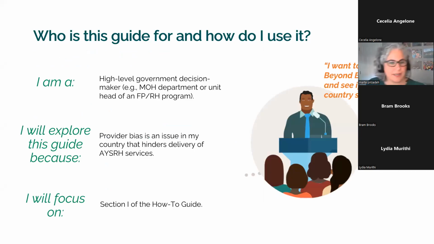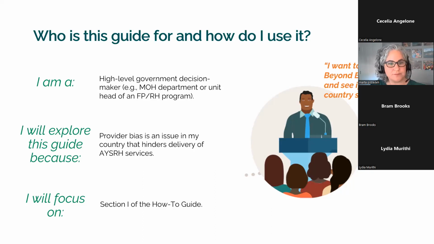So I know we have a diverse audience here today, and you may be wondering if this guide is for you and appropriate for your work. I assure you that it was written and designed with many different audiences in mind. And there are different sections targeted to the unique needs of specific stakeholders.